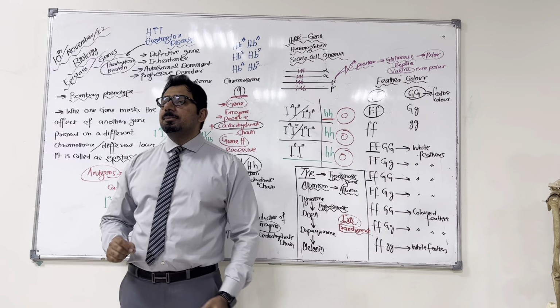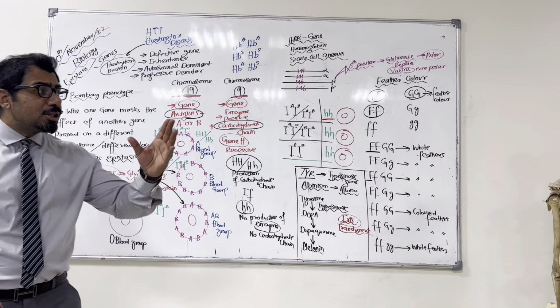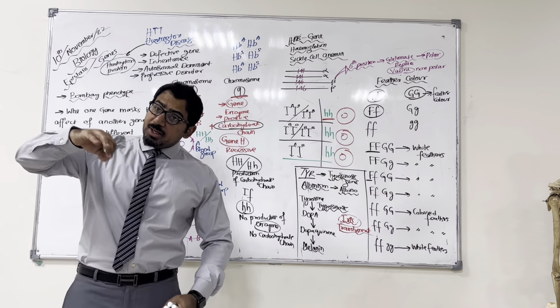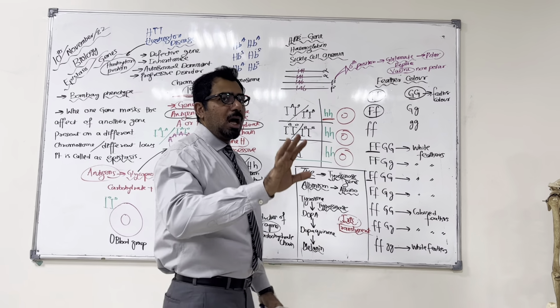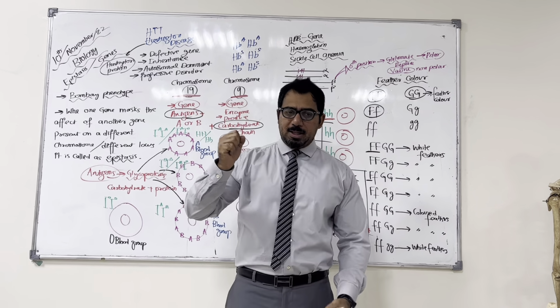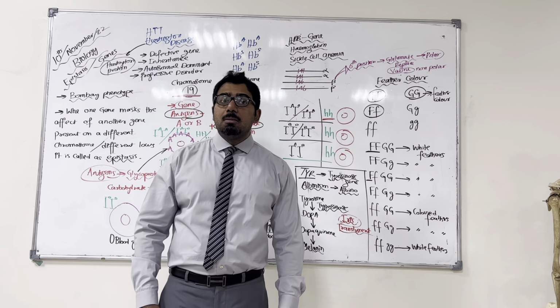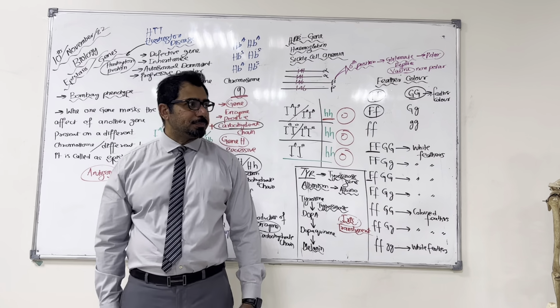Now the question is, as I told you, the symptoms appear after the age of 30. Now, it's not compulsory, it's not stamped that it will be after the age of 30. For some cases, it may develop at the age of 15 as well. Right? But in most cases, they develop their symptoms after the age of 30.